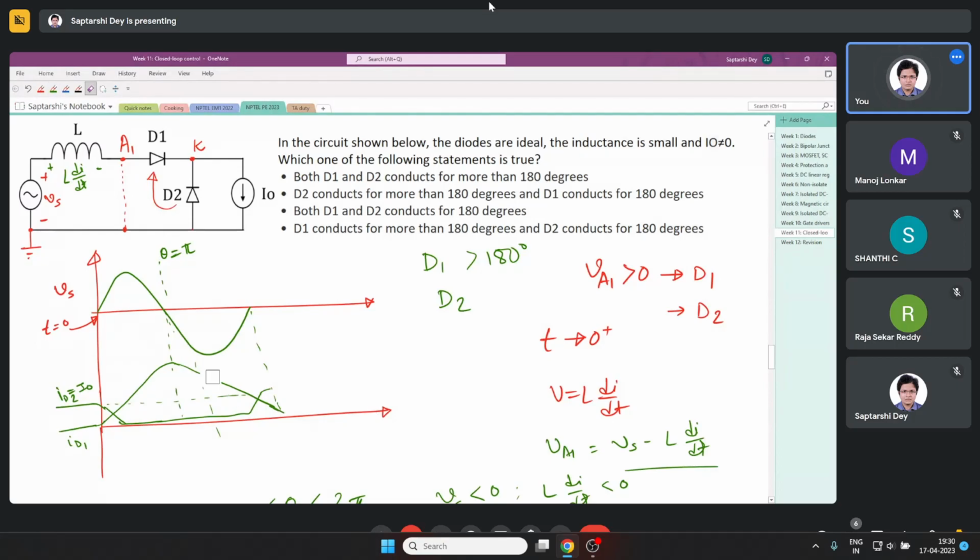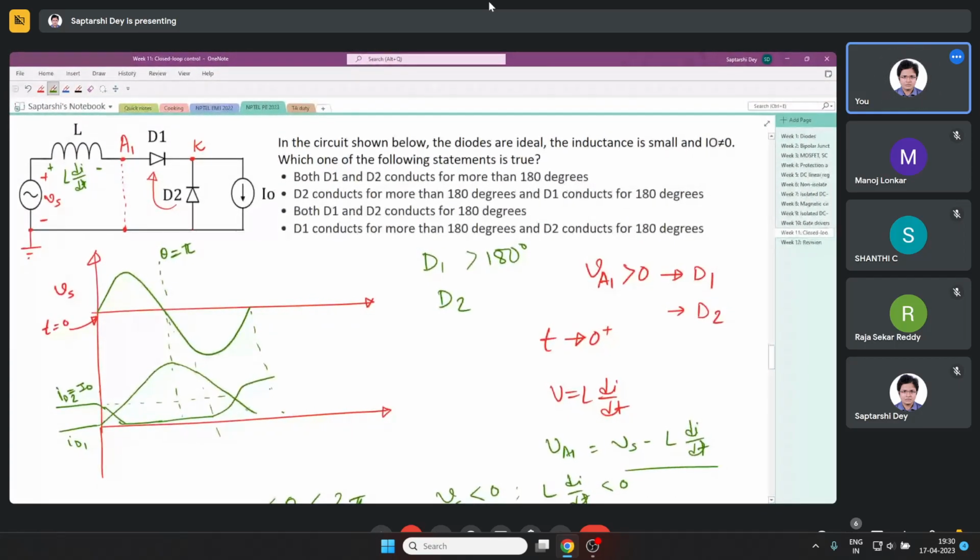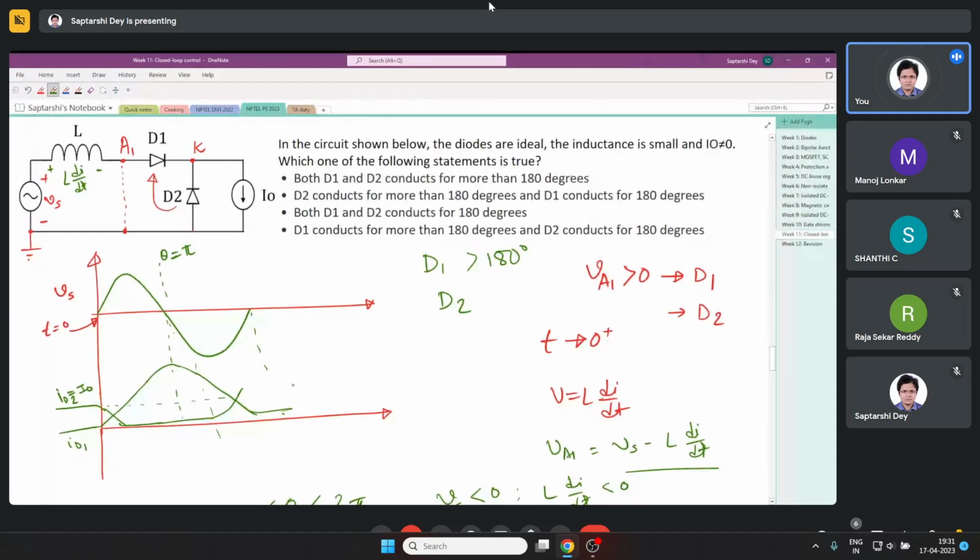So it is not here, because now the diode D1 must turn on. So somewhere here it should be like this.